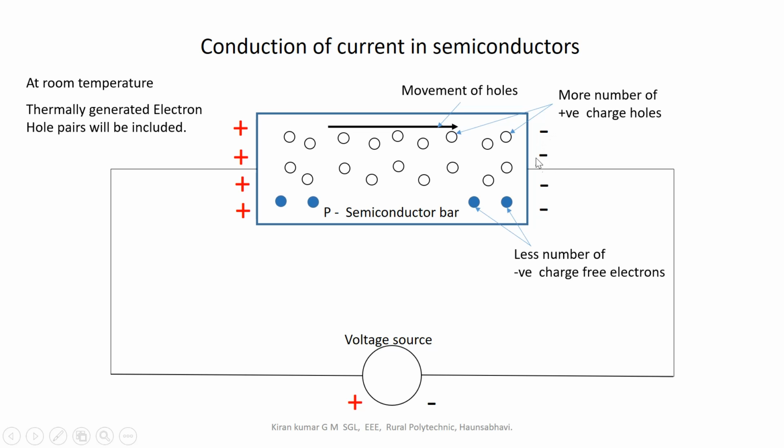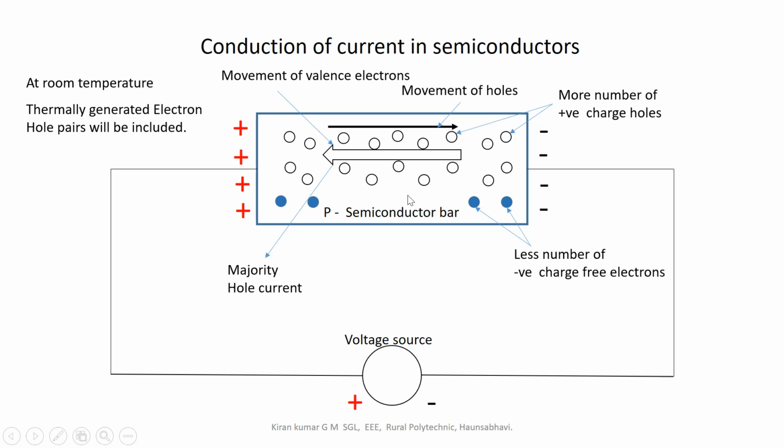Free electrons will be entering from the negative terminal end into the p semiconductor bar, and when they occupy the free site of electron, the hole in the semiconductor bar, they become valence electrons and continue their travel from negative terminal towards this positive terminal as valence electrons only and constitute the huge current in the p semiconductor bar.